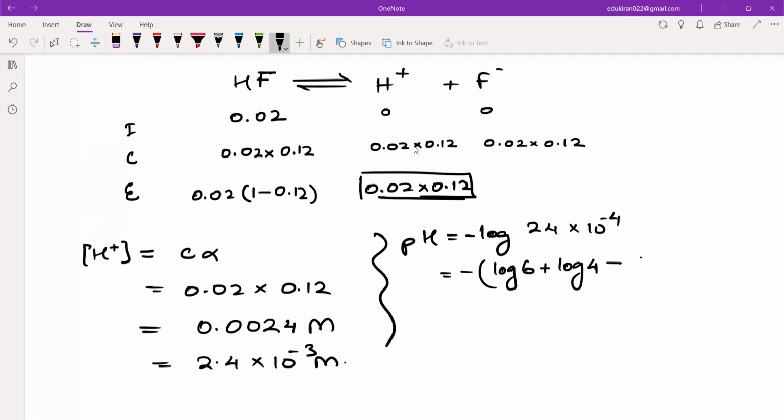Now you can write this as minus of log 6 (0.78) plus log 4 (0.6) minus 4.